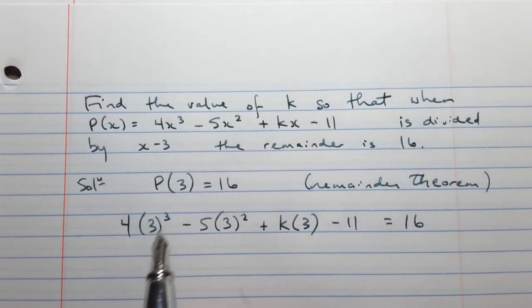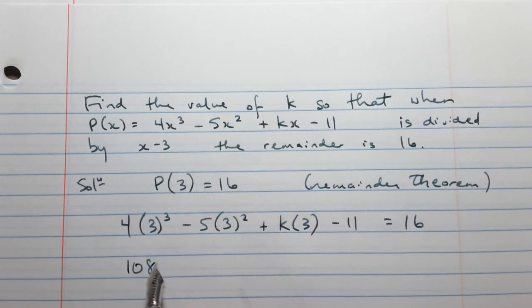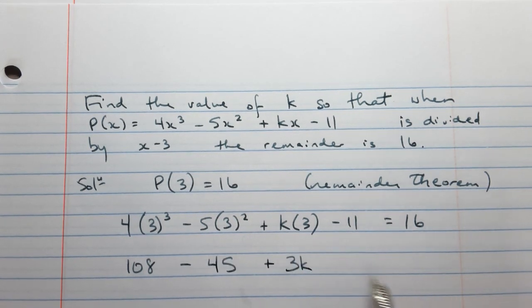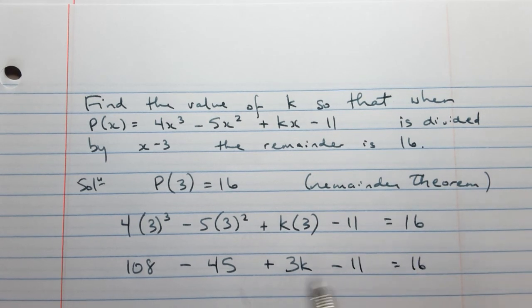Alright, so 3 cubed is 27, and times 4 is 108. And then we have 3 squared is 9, times 5 is 45. I'm going to write 3k now, 3 times k, minus 11 equals 16.